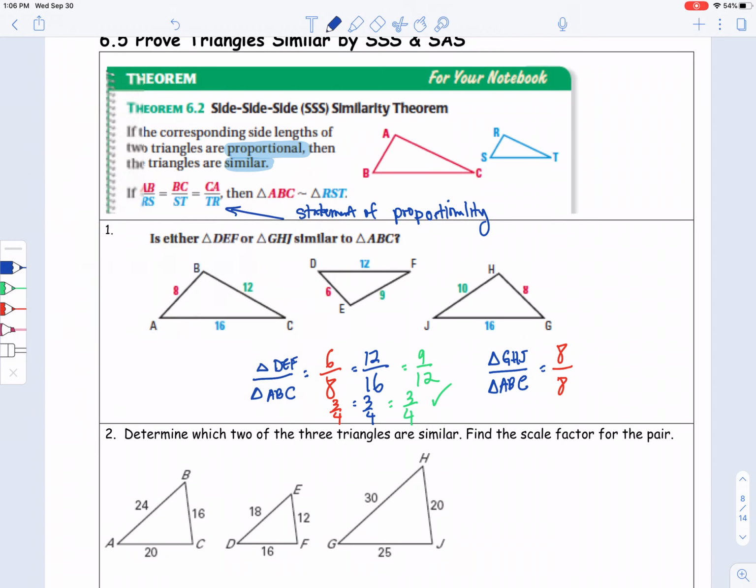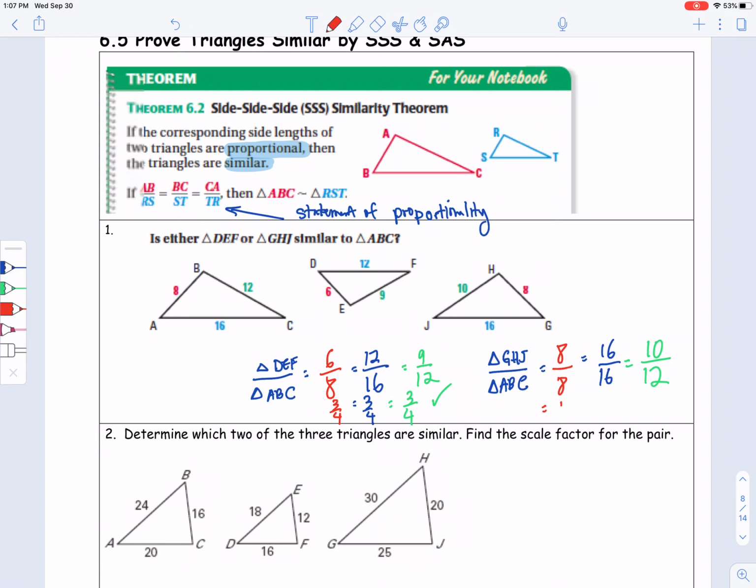Looking at my blue side, I have 16 for GHJ and 16 for triangle ABC. Finally, for my green side, for triangle GHJ, I have 10 for the green and 12 for the other one. So looking right now, I can already tell that this is not going to be similar, but let's go ahead and simplify.